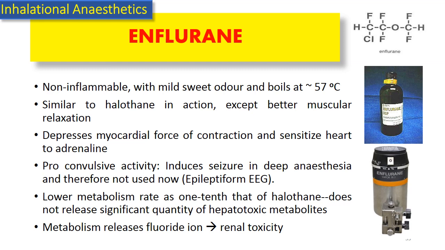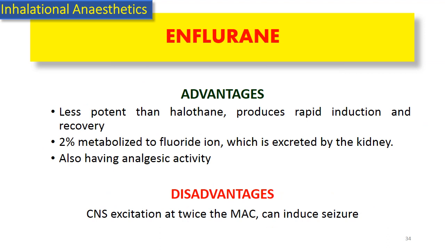Lower metabolism rate, 1/10 of that of halothane, and it does not release a significant quantity of hepatotoxic metabolite. Metabolism releases fluoride ion, which further causes renal toxicity. When talking about advantages of enflurane, it is less potent than halothane, produces rapid induction and recovery.